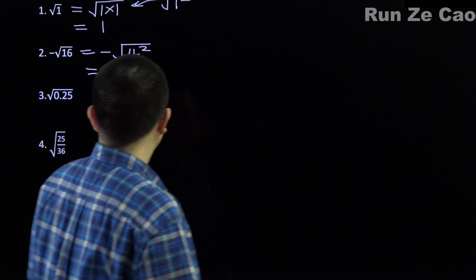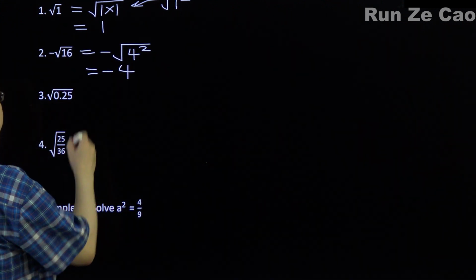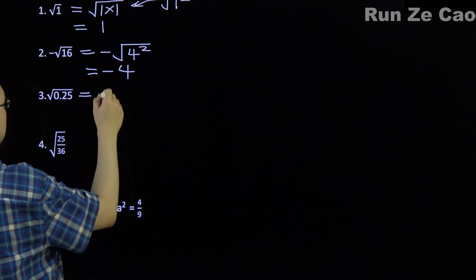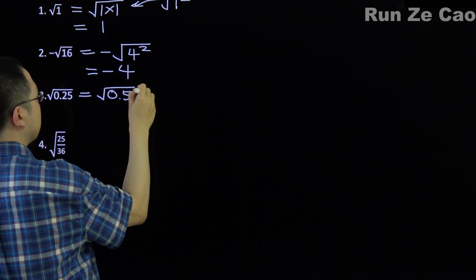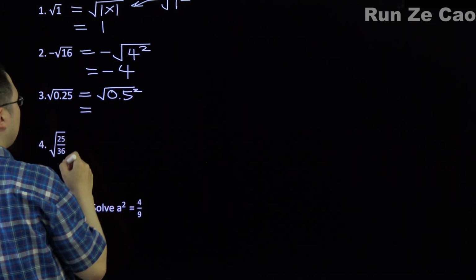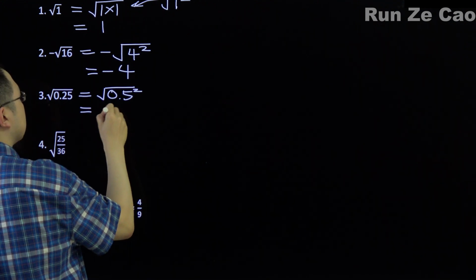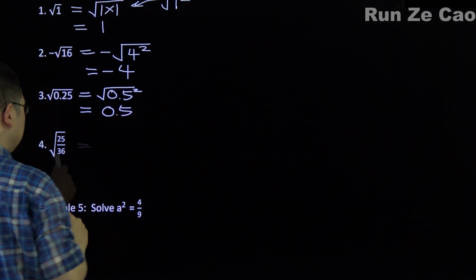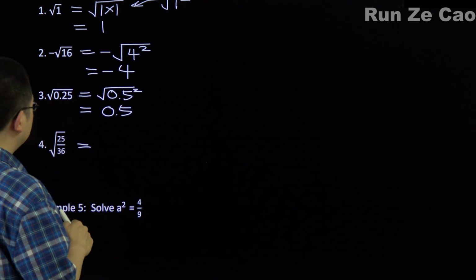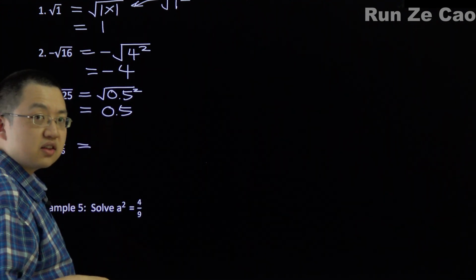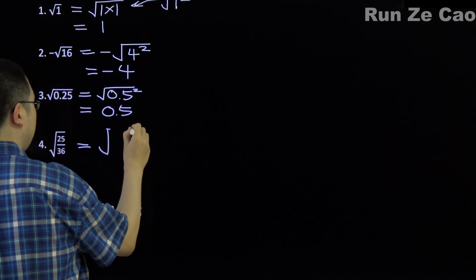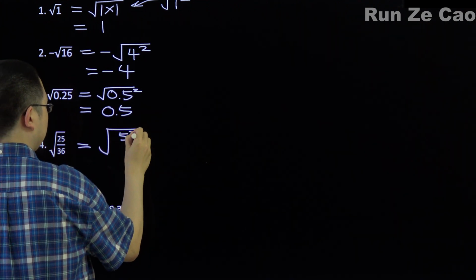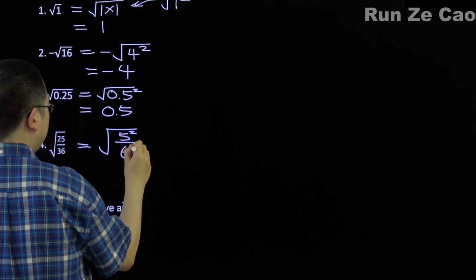The square root of 0.25 is the square root of 0.5 squared. So you get 0.5. Now for the square root of 25 over 36, well, 25 is 5 times 5, so 5 squared over 6 squared.